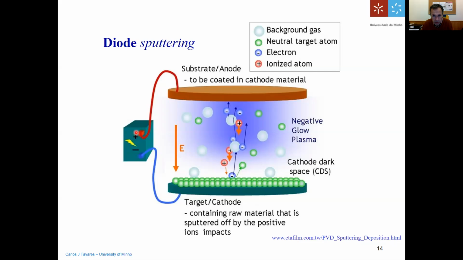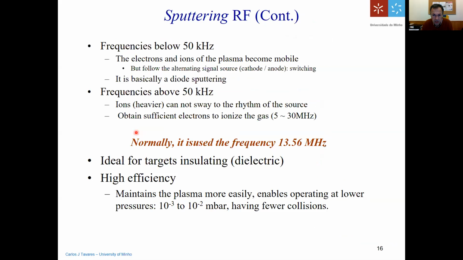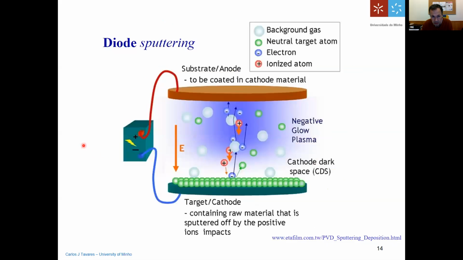If you use a 13.5 megahertz frequency, I think it's this kind. Yeah, yeah. So it's 13.56 megahertz. Okay, so it means that the positive and the negative are being switched 13.56 million times per second.